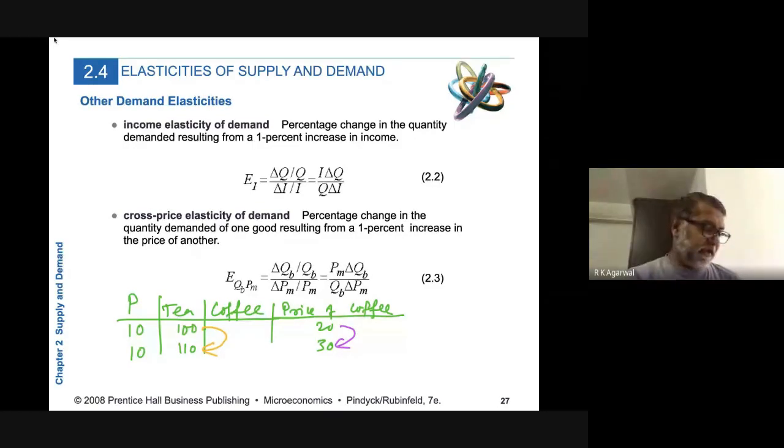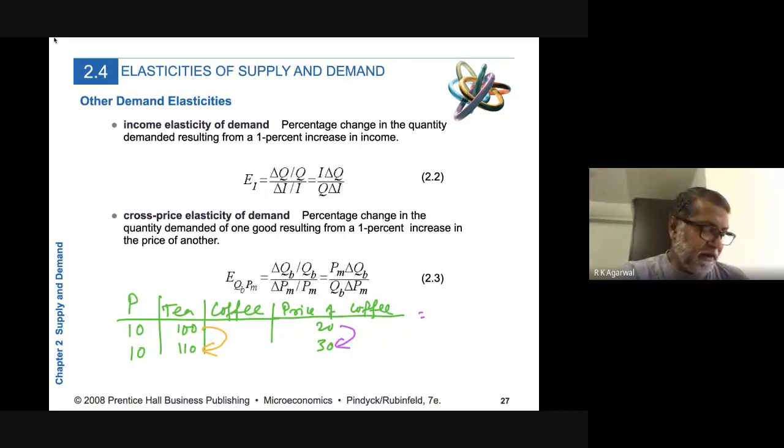So that is why we are saying that the cross elasticity is defined as percentage change in the quantity demanded of one good, that is tea, resulting from a 1% increase in the price of another, that is price of coffee. So by how much has price of coffee gone up and by how much has the demand for tea gone up?